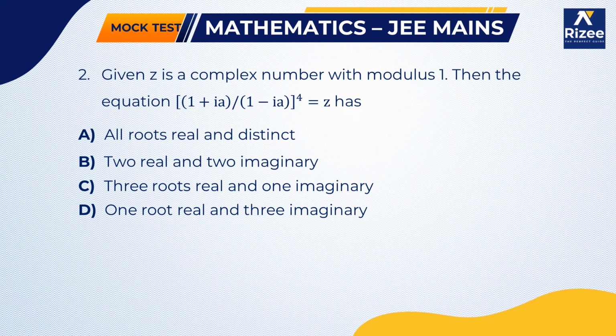Given z is a complex number with modulus 1, then for the equation ((1 plus ia) by (1 minus ia)) whole power 4 equals z, we have to find whether all the roots are real or distinct. We have to identify which type of roots are coming. First, I am taking ((1 plus ia) by (1 minus ia)) whole power 4, which is equal to z. I am multiplying and dividing the numerator and denominator with i.